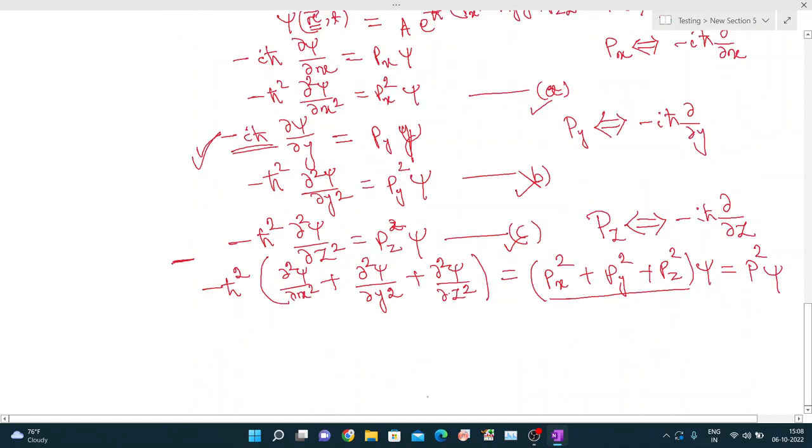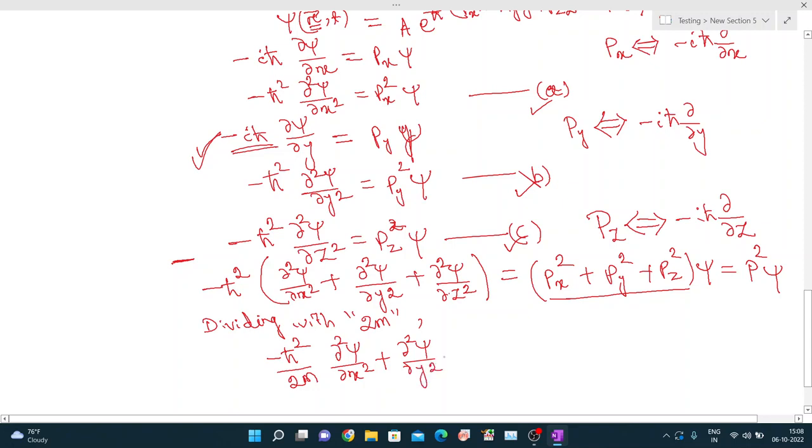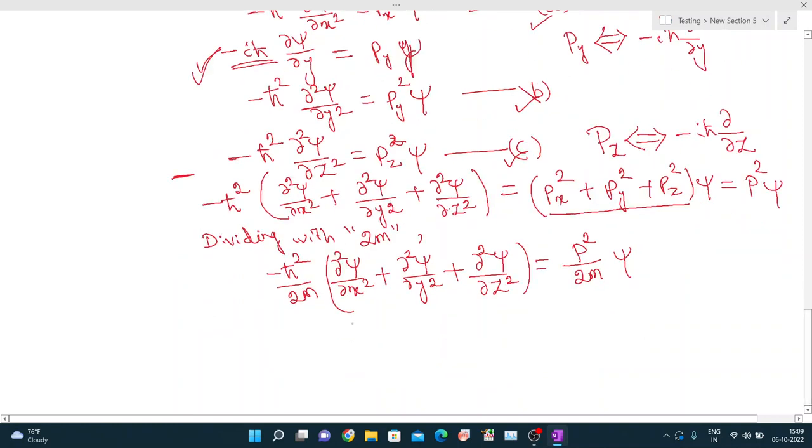Now divide both sides by 2m. We get minus h cross square by 2m times del square psi by del x square plus del square psi by del y square plus del square psi by del z square, which is equal to p square by 2m into psi. Now what is the quantity with this?